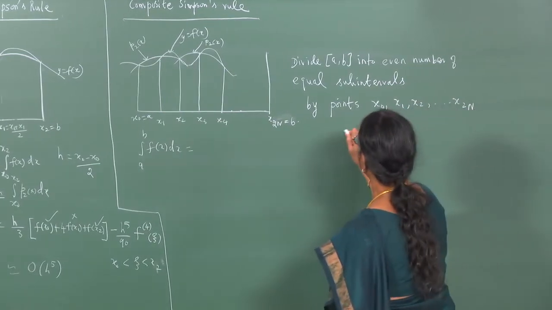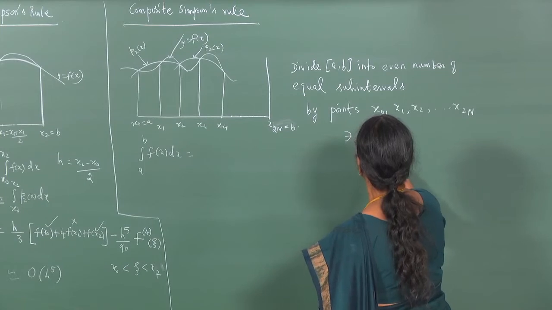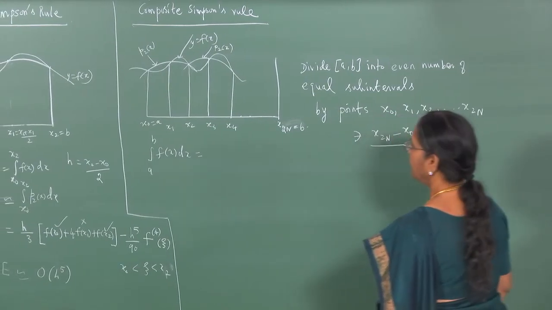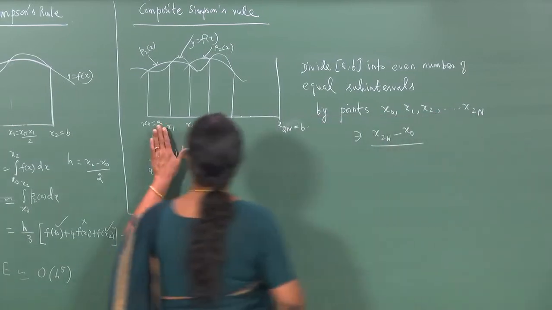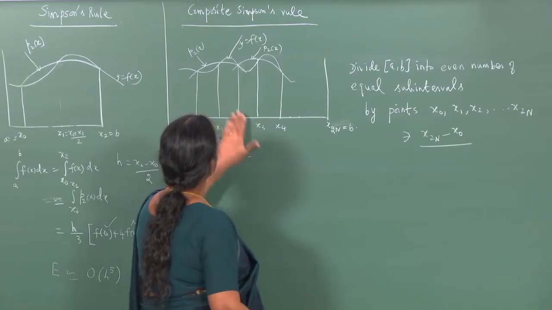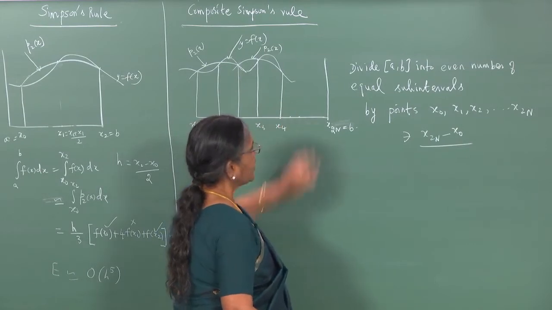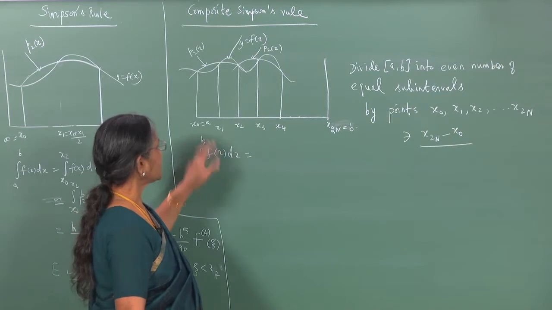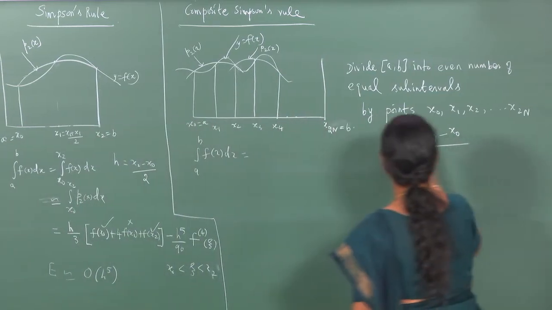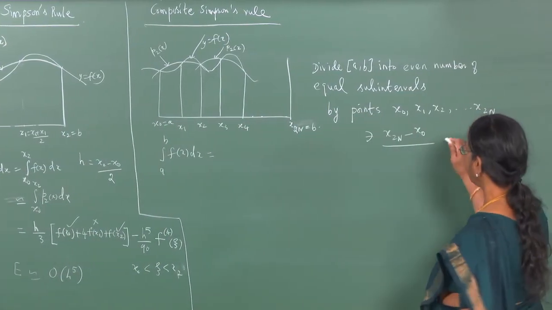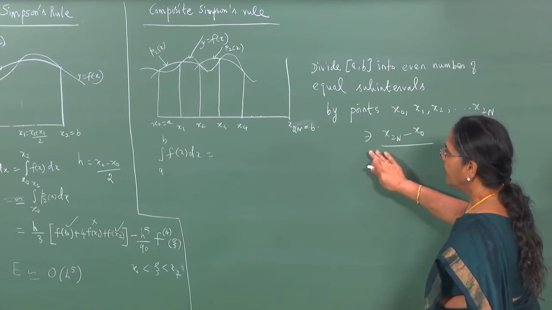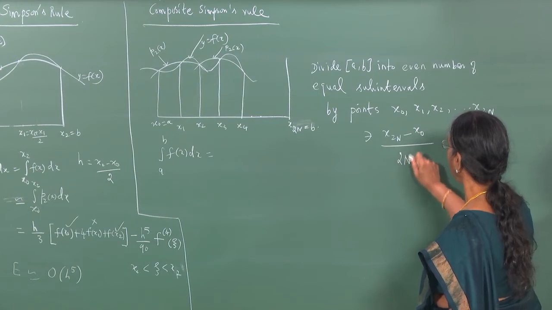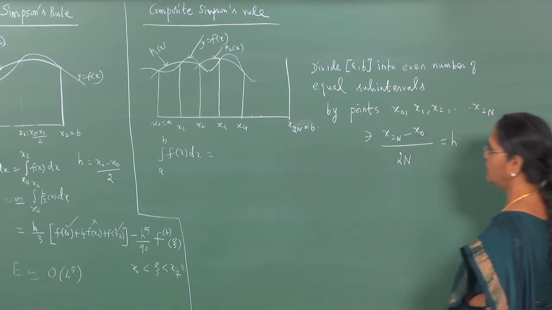So that when we divide it into 2n equal subintervals, we get the step size h to be such that x2n minus x0 divided by 2n will be equal to h.